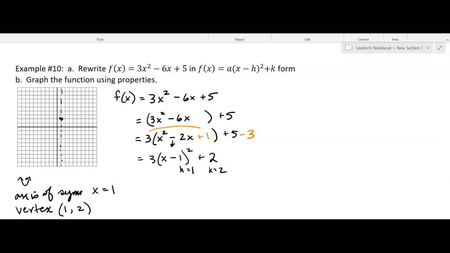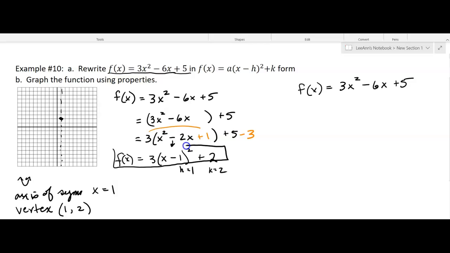Okay, now let's see about finding some intercepts. So I'm going to take the form that they gave me originally, and I'm going to find some intercepts. So this goes back to what we did in 9.6. Now, if you're wondering, could I use my new form that I just found to find the intercepts?